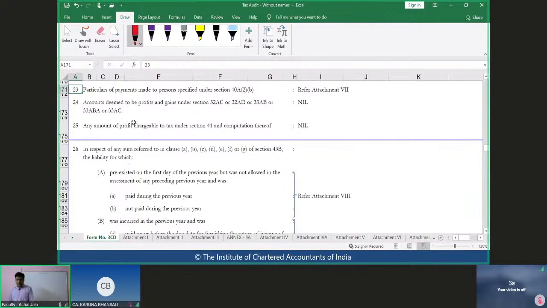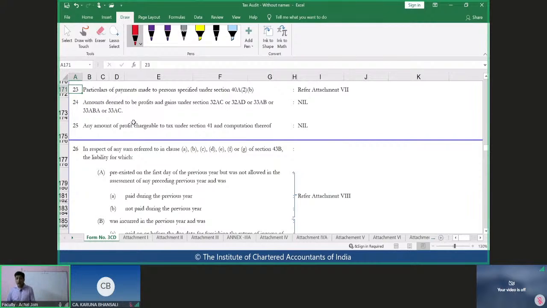Then comes the requirement in relation to amounts to be reported which have been deemed to be profits and gains under section 32AC, 32AB, 32ABA or 32AC, which is all about maintenance of some specialized types of reserves and special types of accounts in the context of these sections, for which again the underlying records will have to be verified by the auditor.